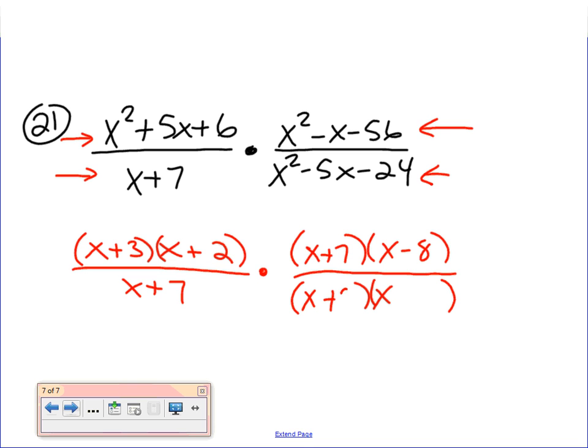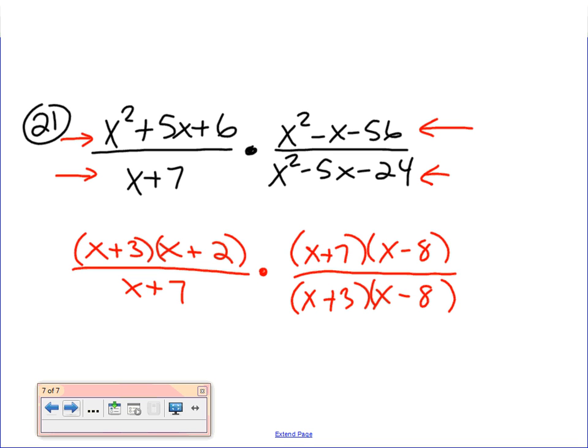Let's try it. 3 times negative 8 definitely gives me a negative 24. However, can it add up to a negative 5? Is 3 plus a negative 8 a negative 5? Yes, they do. Okay, so at this point I've got everything factored.